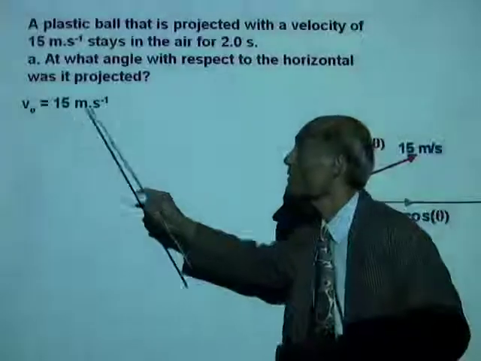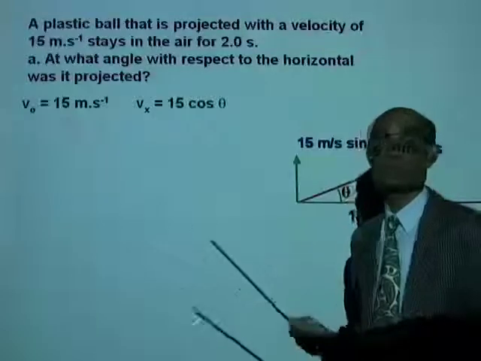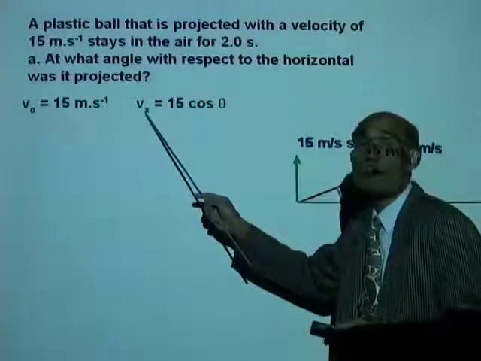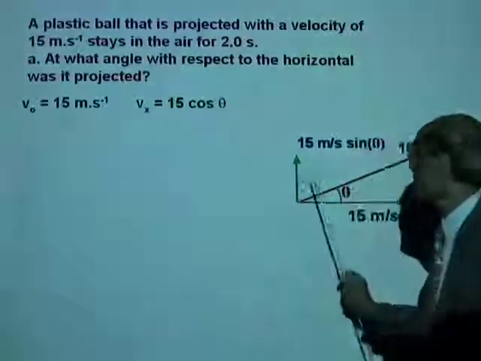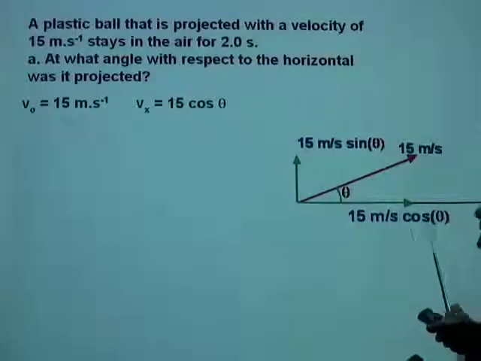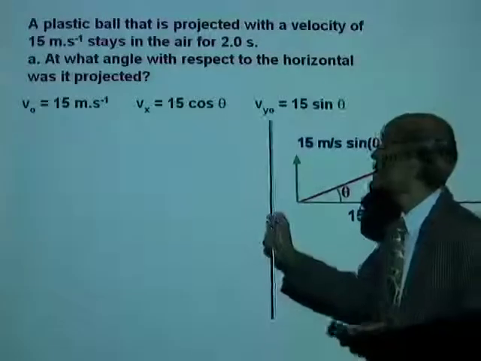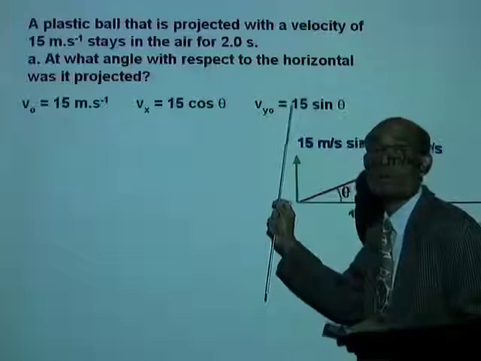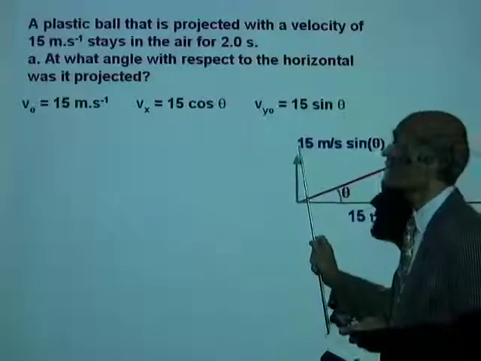Alright, V0 is 15 meter per second. The x component of that velocity is 15 cos theta, and Vy0 equal to 15 sine theta.